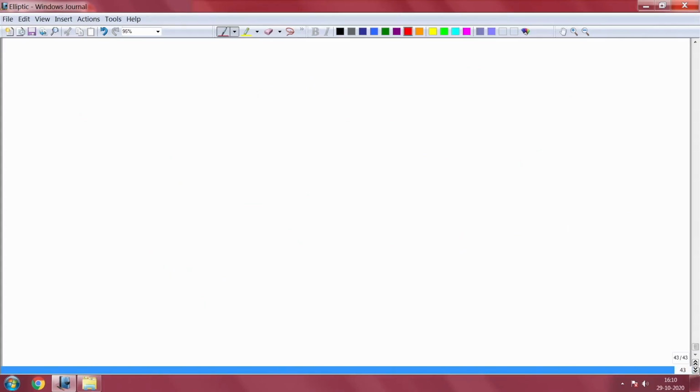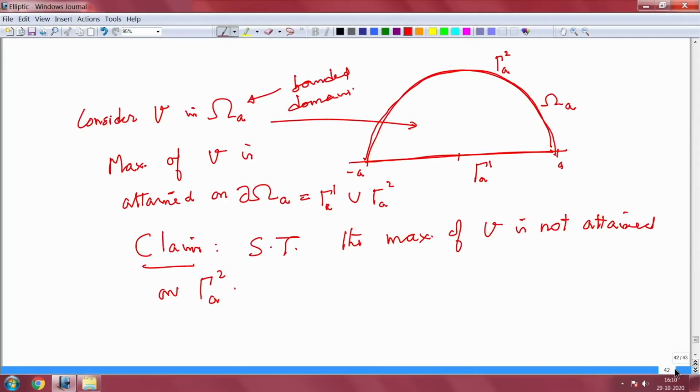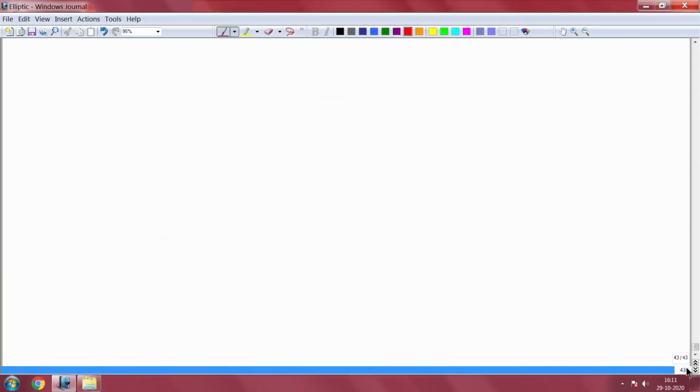In that proof, except for the claim, I have proved everything. Only the claim you want to see, that the maximum of V is not attained on this curved boundary. Once you prove that, you just do a small calculation. That is not a difficult thing, but you prove it, and then take epsilon tends to 0. With this, I can prove the uniqueness.